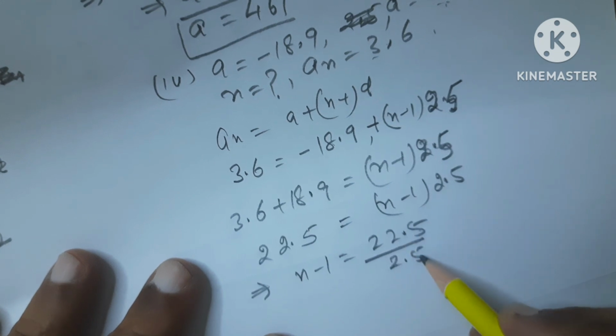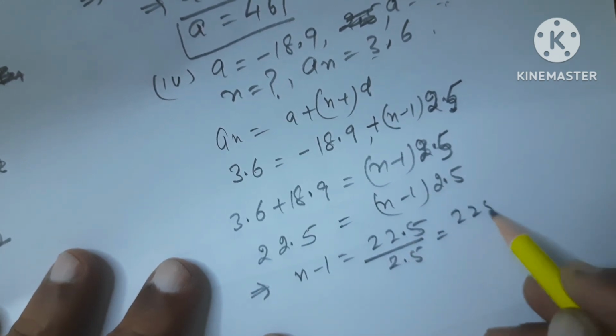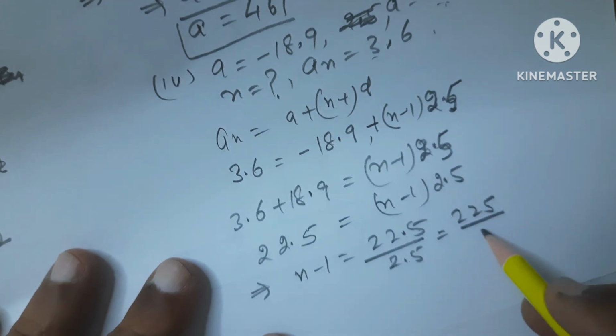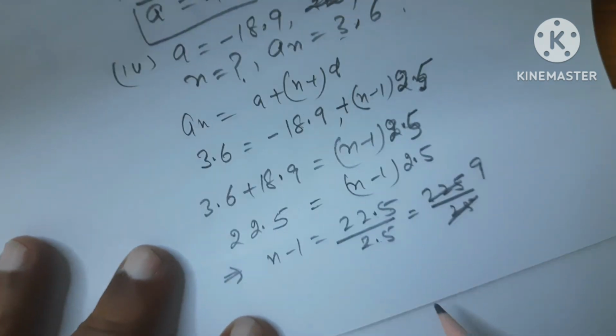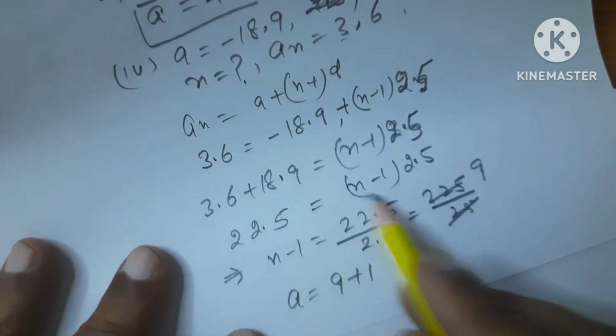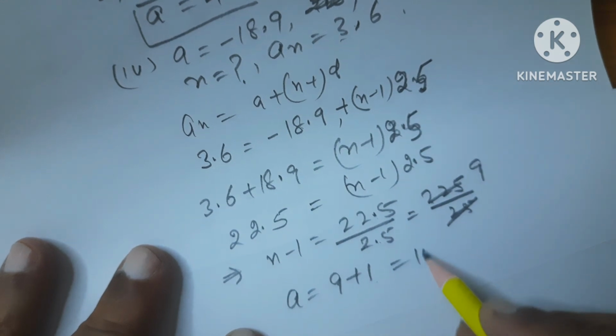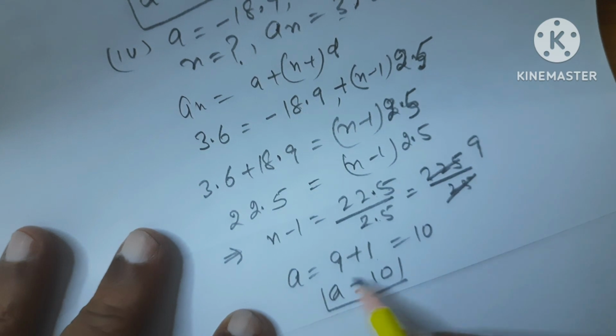Decimal after one place, decimal after one place. So this will cancel. It will become 225 by 25. This is 9. So n is equal to 9 plus 1. This will shift toward this side. It is equal to 10. So n is equal to 10 is the answer.